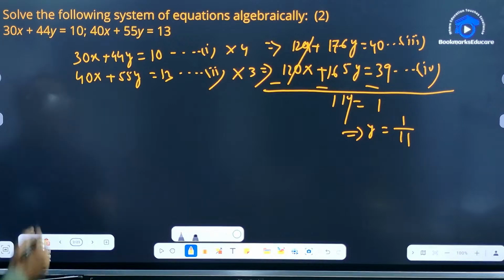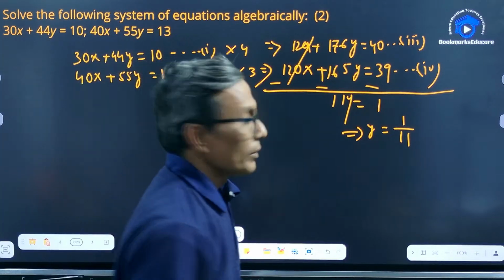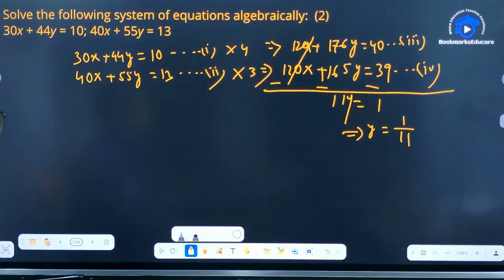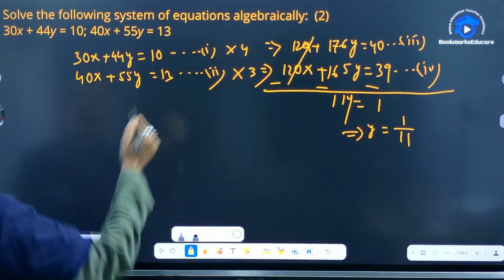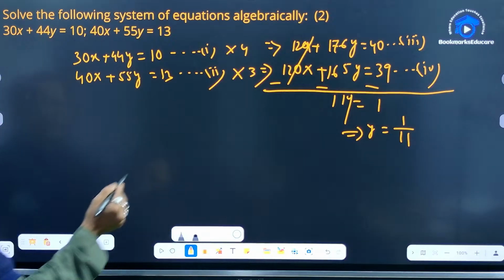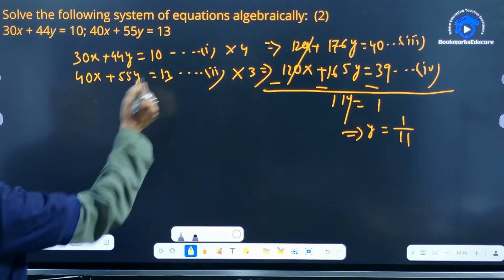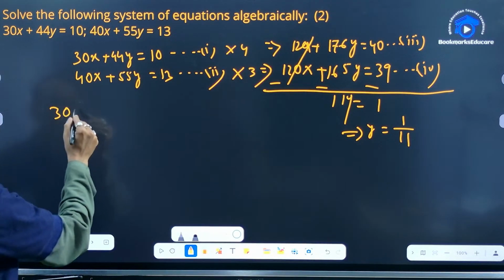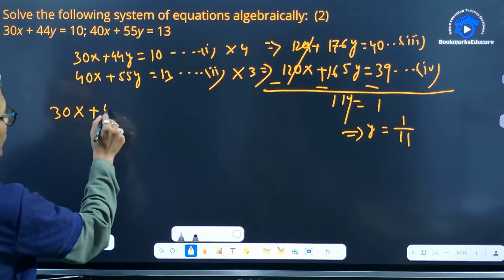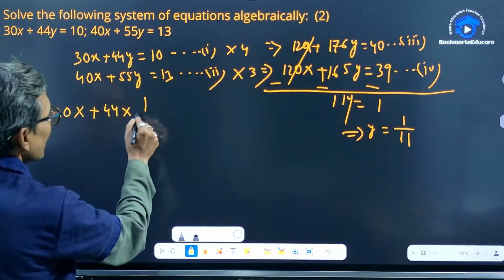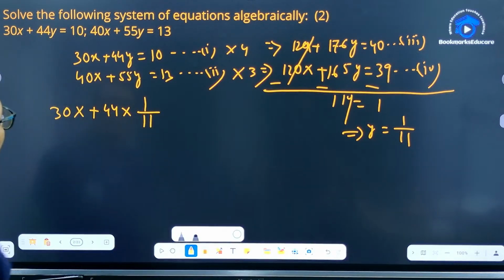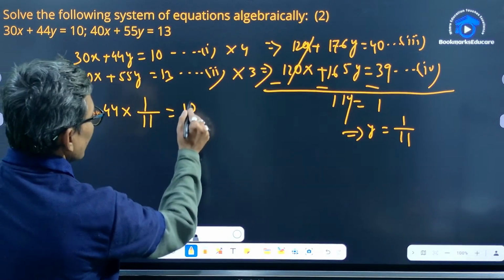Now putting y is equal to 1 by 11 in any of the two given equations, number 1 or number 2, I am putting the value of y in equation number 1. So 30x plus 44 into 1 by 11 is equal to 10.